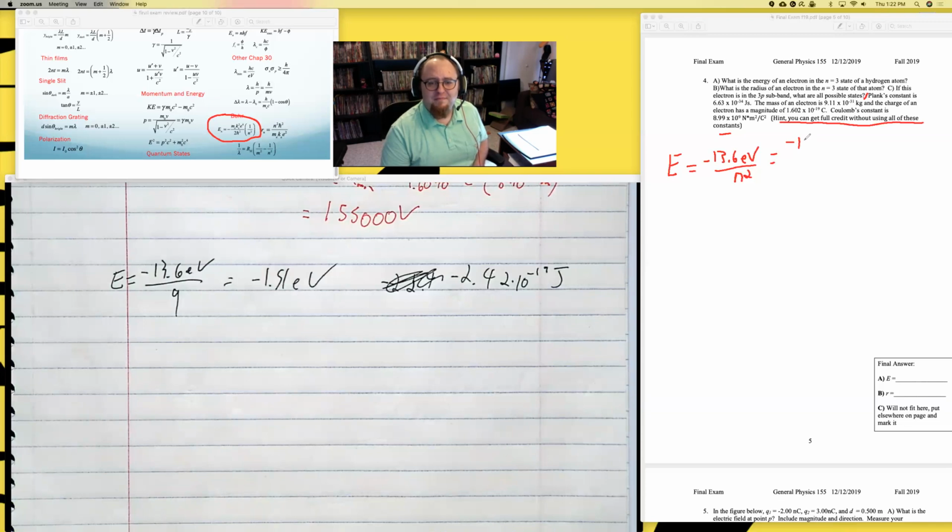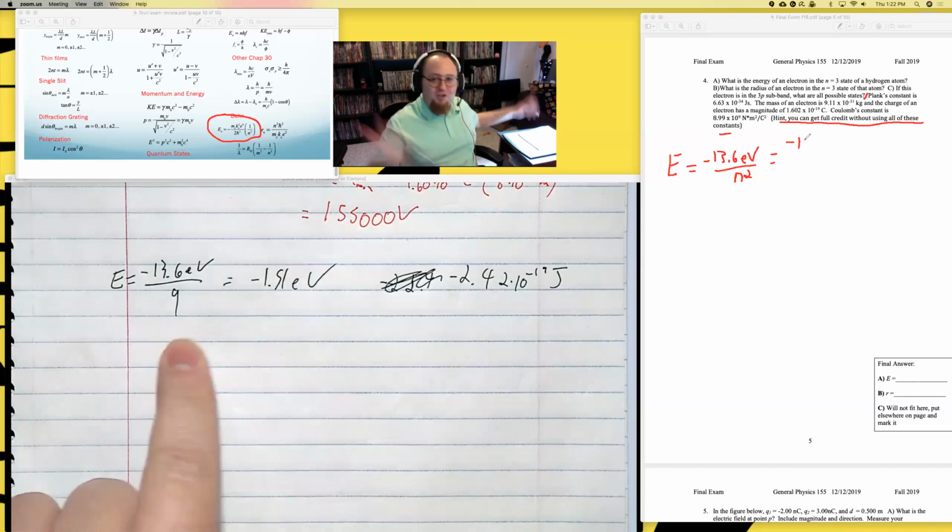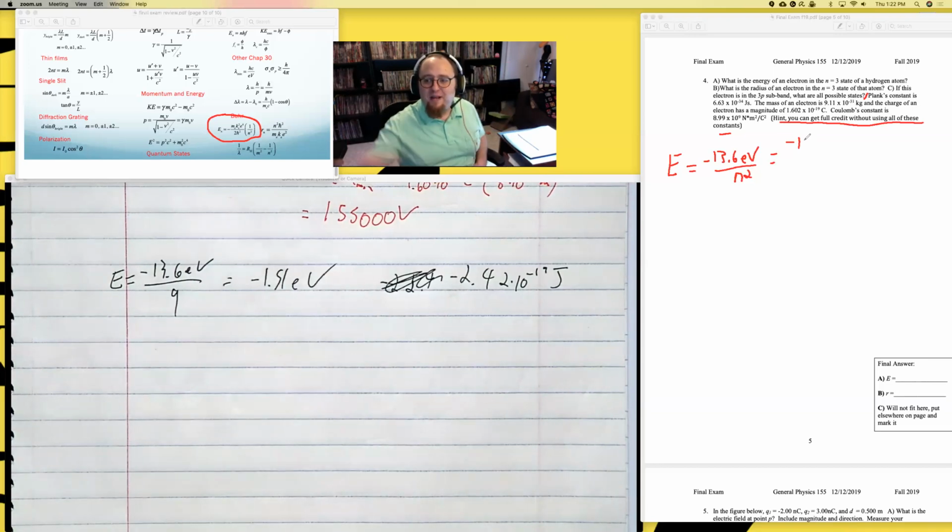Dr. Lars, if we just made that nice big leap of logic to negative 13.6 eV without showing where we got that from? Full credit. That's why I said you can get full credit without using all these constants. Yeah, there was something like that on the homework. All right, yep, that'll work. So what you're saying is I'll be daydreaming about a problem like this. Yes, well, I'll talk in a second about what else I could do.